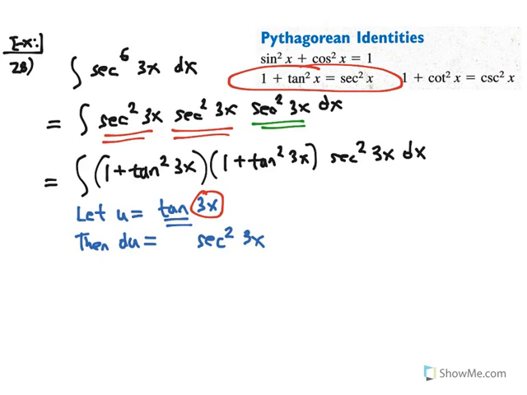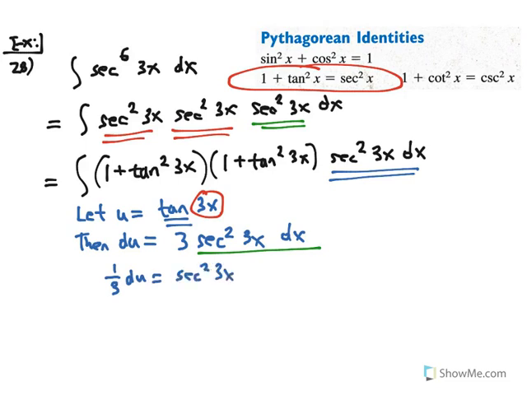And then there is an inside function here, so you need to use the chain rule and multiply by the derivative of 3x with respect to x, which is 3. And then you have dx. And of course you have secant squared 3x dx here, so you want to isolate that by multiplying both sides of our equation by 1/3. So you have 1/3 du is equal to secant squared 3x dx.